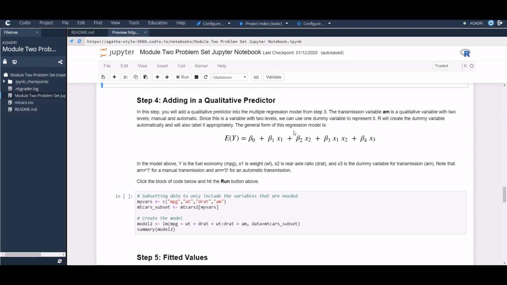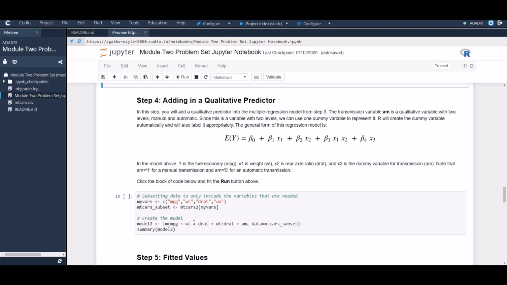This model uses weight and rear axle ratio as predictors, as well as their interaction, just like the previous step. But now it has this extra x3 variable that is the dummy variable for transmission. And again, recall because there are only two levels for transmission, we just need one dummy variable to represent it. So this would be the general form of the regression model.